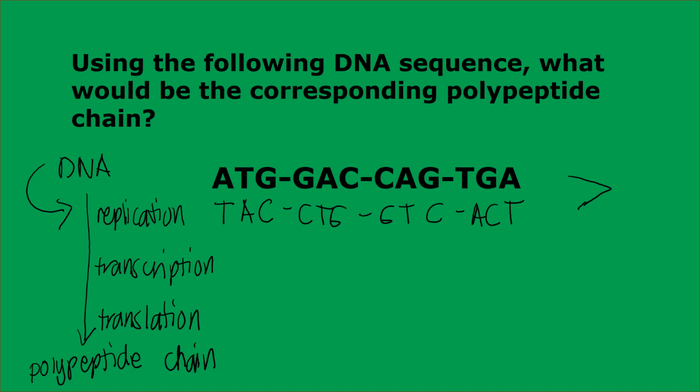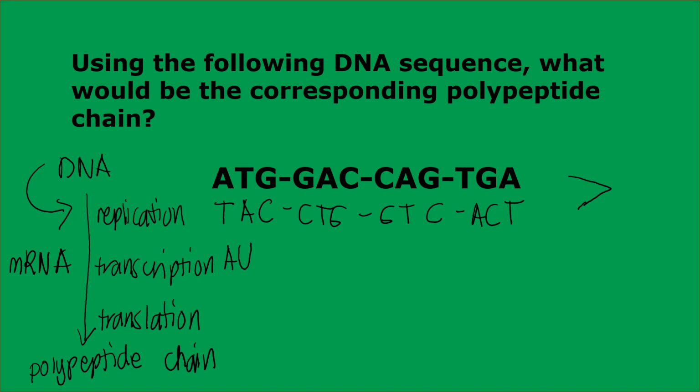Okay, so in the process of transcription, we will transcribe this DNA code here into our mRNA. So adenine will still be paired to thymine from the DNA, and adenine in our mRNA will bind to uracil already.